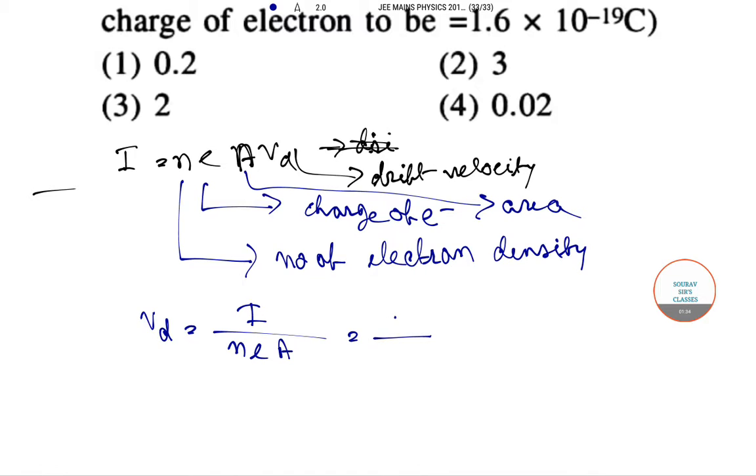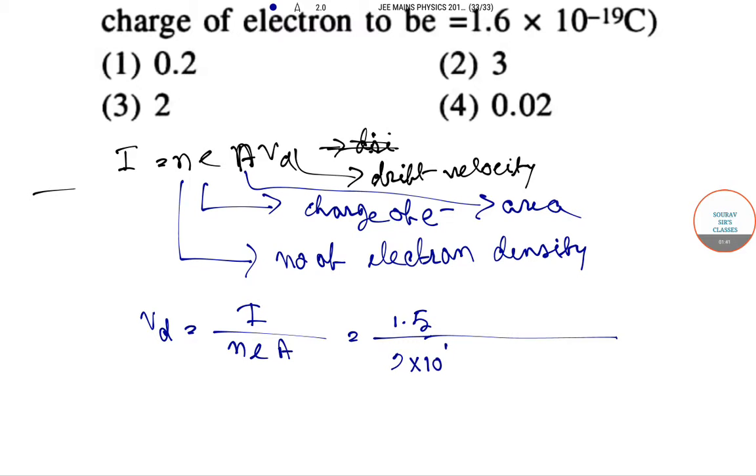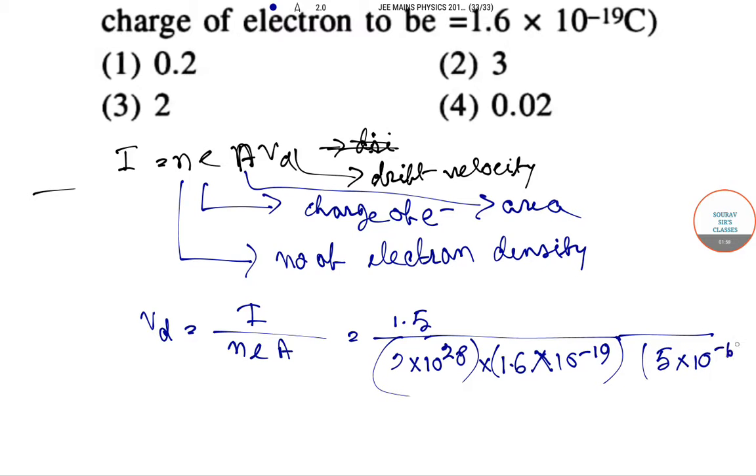I is given 1.5, divided by N, which is given as 9 into 10 to the power 28, and the charge of electron is 1.6 into 10 to the power minus 19 coulomb, and area is 5 into 10 to the power minus 6 meter square, as this is in millimeter square.